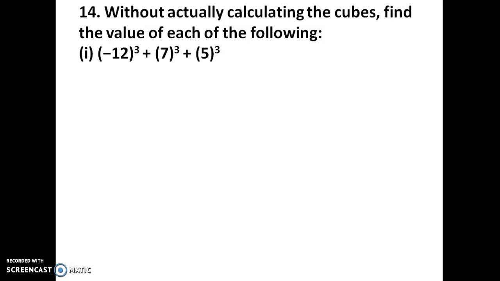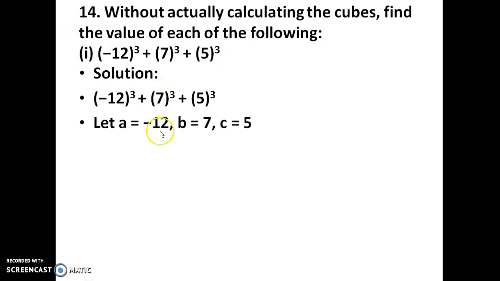Now the next question: without actually calculating the cubes, find the value of each of the following. Here it is given minus 12 cube plus 7 cube plus 5 cube. Just now we saw a similar problem in the previous one, so we can do it the same way here.